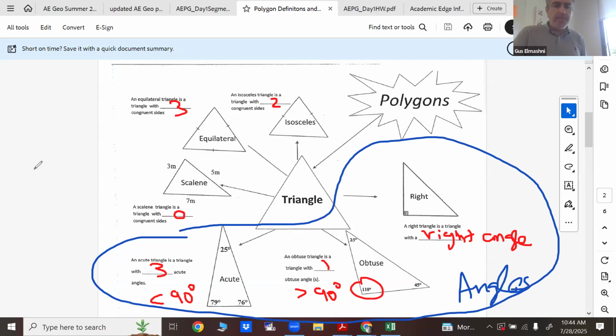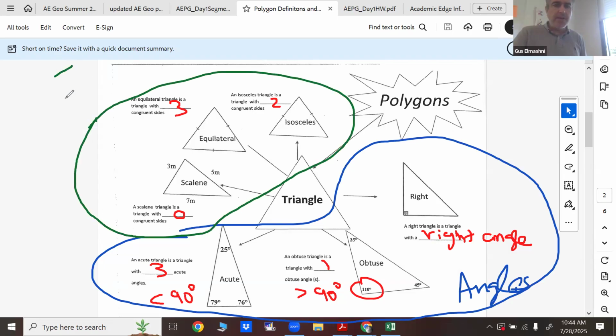These 3 deal with sides. So when all 3 sides are the same, it's equilateral. By the way, it's also equiangular. Does anyone know what each of the angle measures would be? It's equilateral. Well, what did it all add up to? They all add to 180. So 60 exactly. 60 would be equilateral.